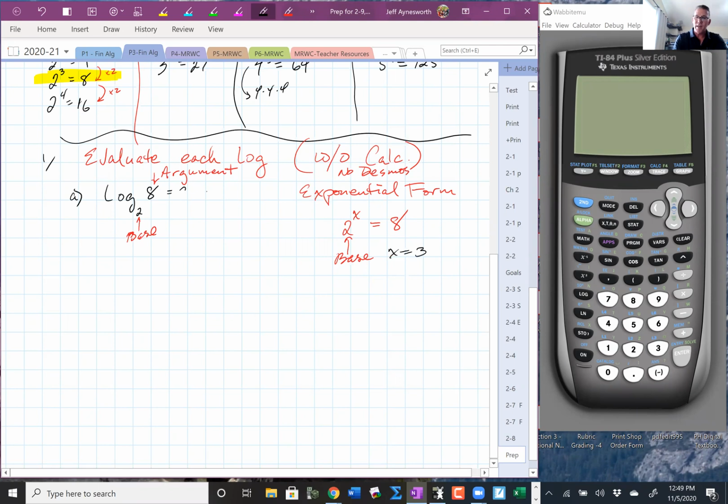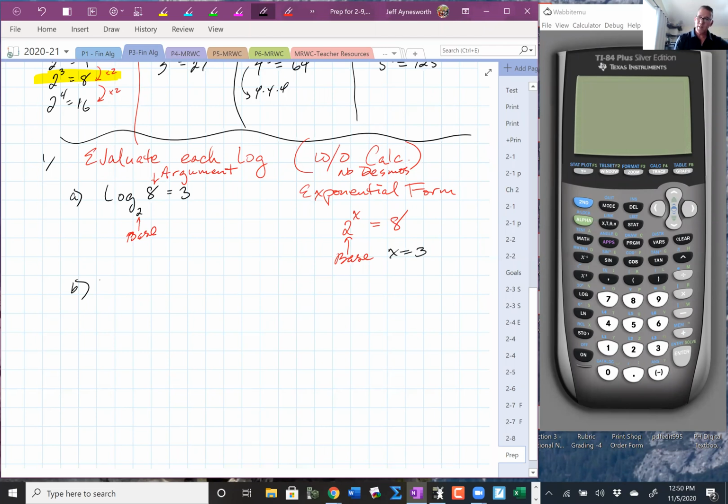It also tells me that the log base 2 of 8 is 3. You don't need a calculator for that, not on this one anyway. There are a lot of cases where you need a calculator, and we'll get to that in a little bit. Right now, we just want to play with logs and get familiar with them again, because it's been a long time, probably 6 to 9 months at least, first semester last year.